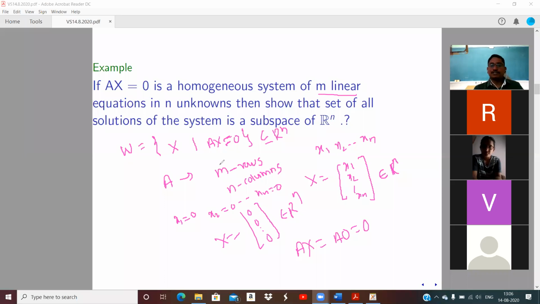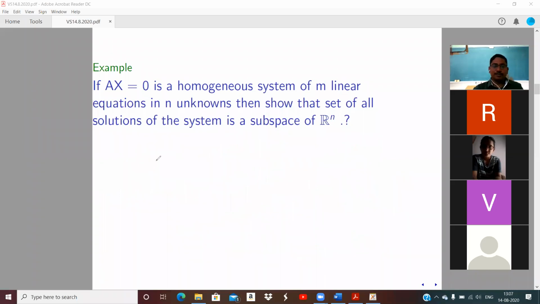A homogeneous system is always consistent. You have seen this in your UMAT 136 algebra paper, in the last unit. So the zero vector of n-tuple zeros, in column form, is always a solution to Ax equal to 0. I call it 0 bar, as 0, 0, 0. The n-tuple 0 belongs to W. In this way, W is a non-empty subset.